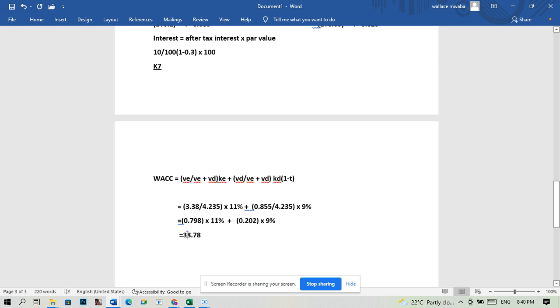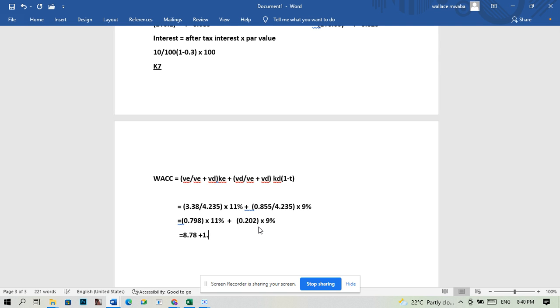I was saying 38. All right, 8.778, because the average cost of capital would have been too high. Yes. Plus 0.202 times 9 is 1.818.